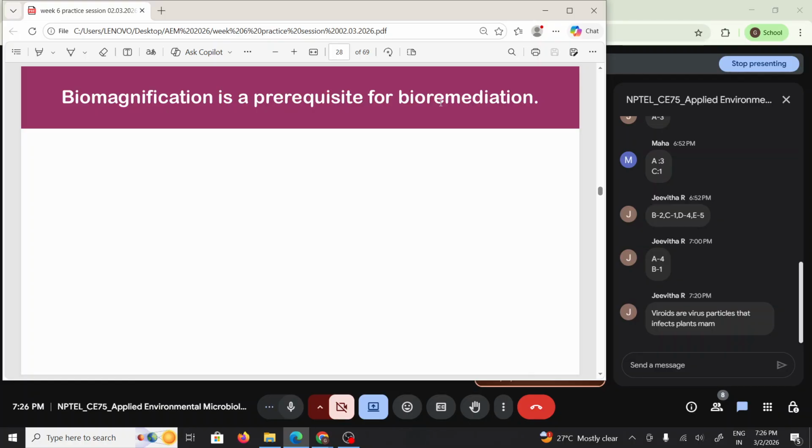But what happens in biomagnification is, when a toxicant or a pollutant is present in a system, organisms tend to consume it, and we are aware of the food chain and food web.